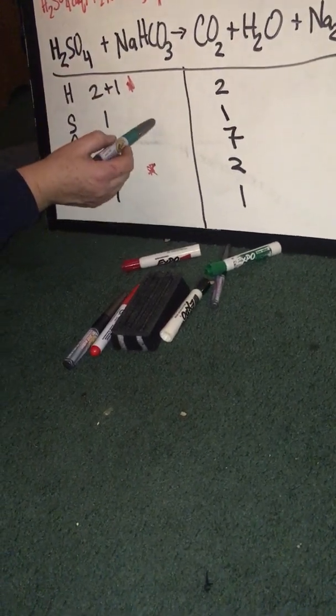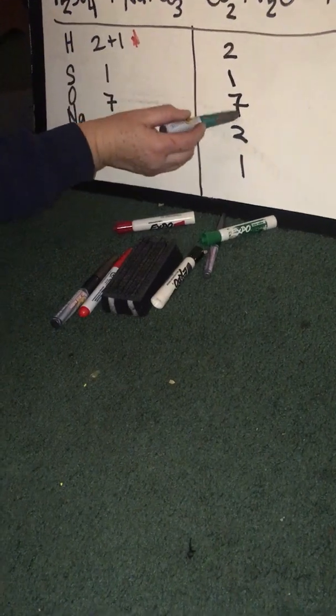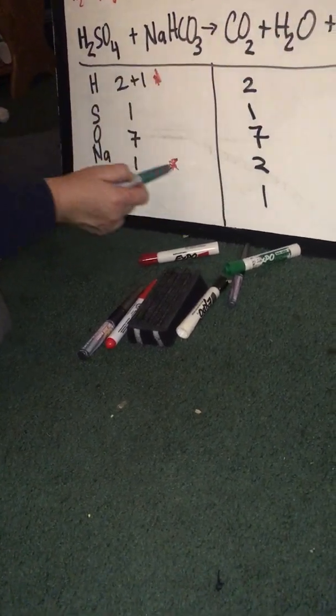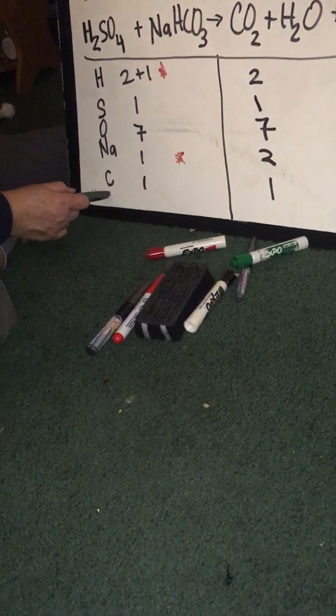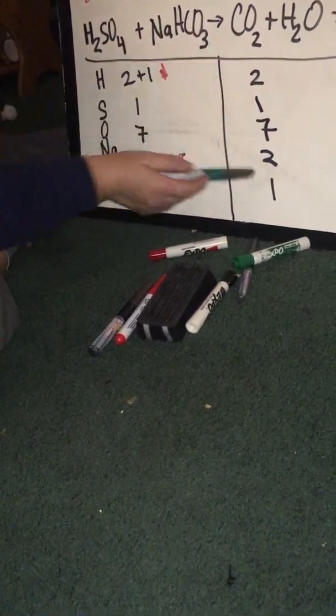I could put 4 plus 3. But over here, we also have 3 plus 2, 2 plus 1 plus 3 equals 7. So those are equal. And sodium here, we have 1. And on the right side over here, we have 2. So they don't balance, so I put an asterisk. And carbon, we have 1, and on the right side we have 1.